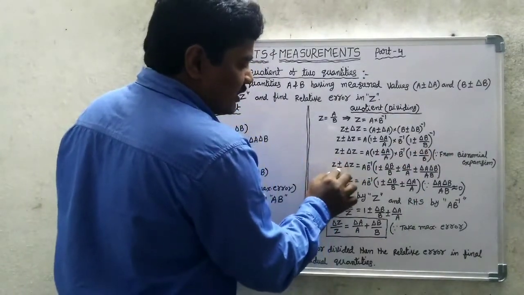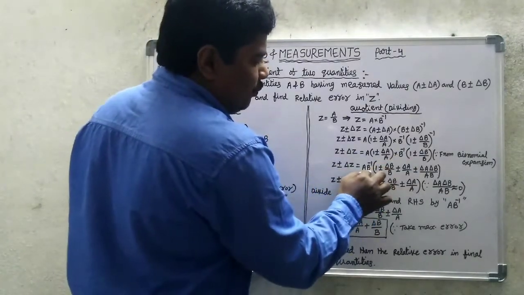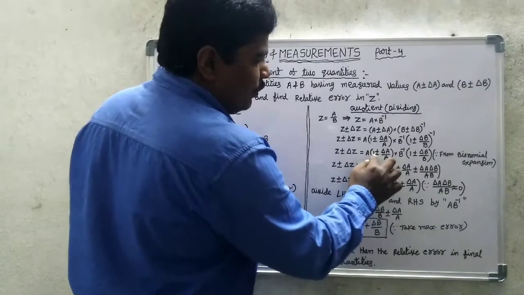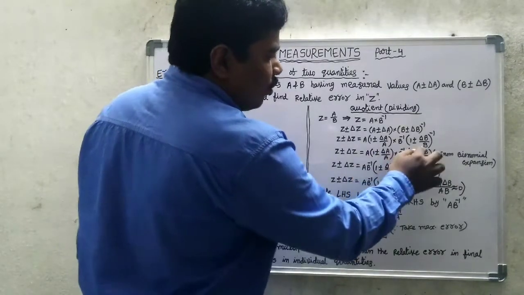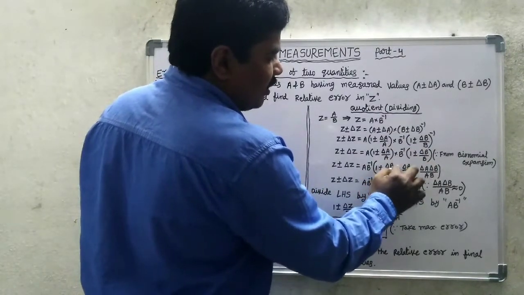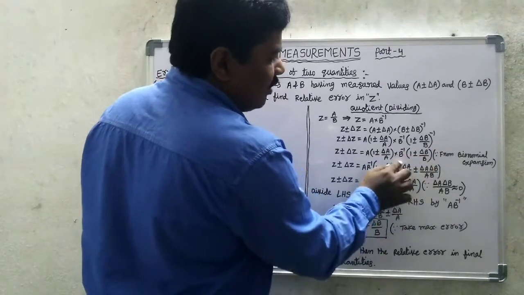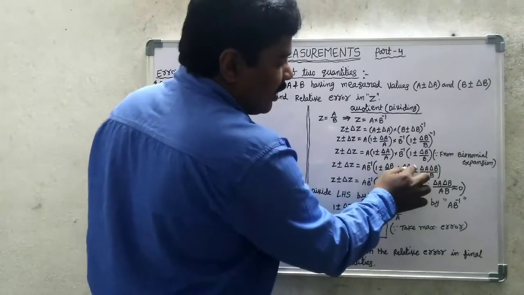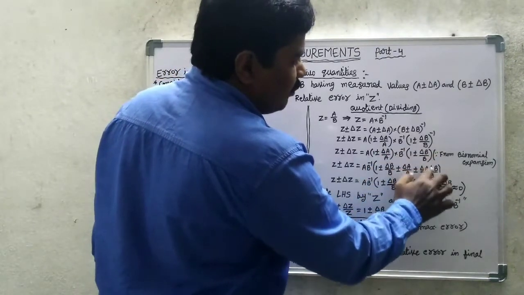So Z plus or minus delta Z is equal to A into B inverse into 1 into 1 plus or minus 1 into delta B by B. We get delta B by B plus or minus delta A by A into 1. We get delta A by A plus or minus delta A by A into delta B by B.